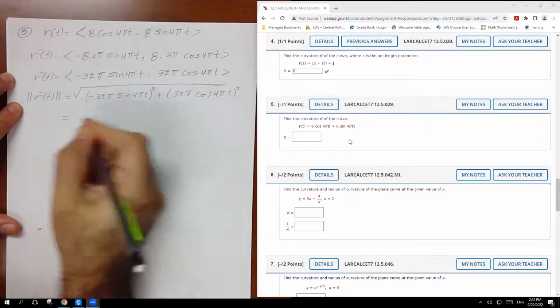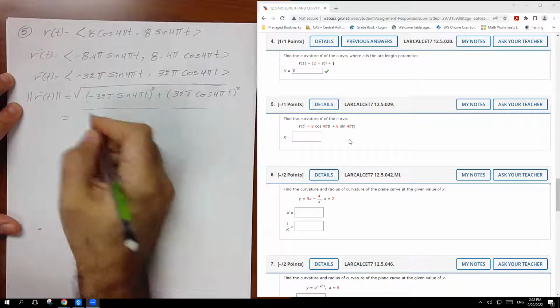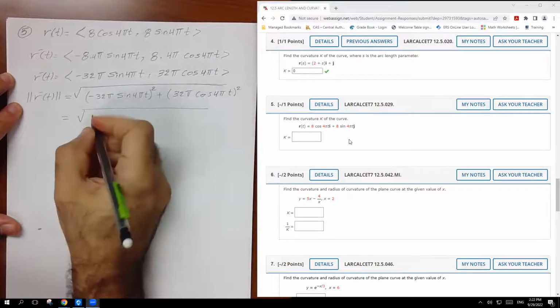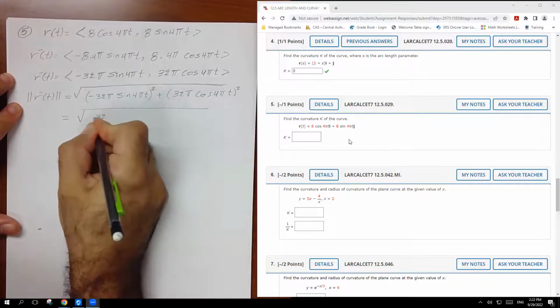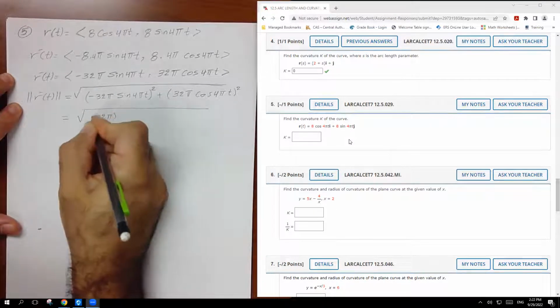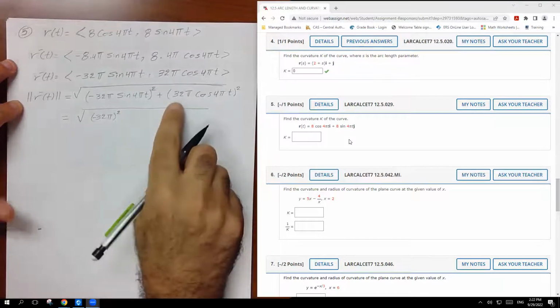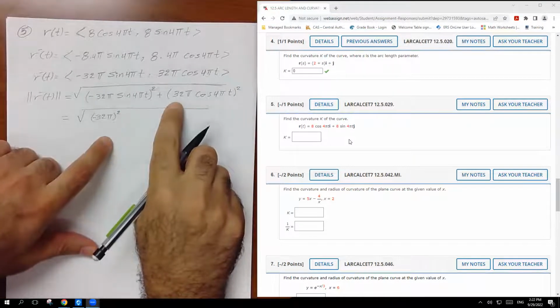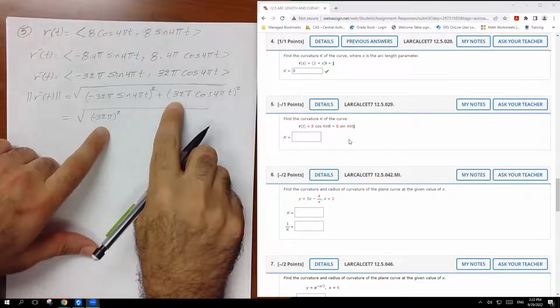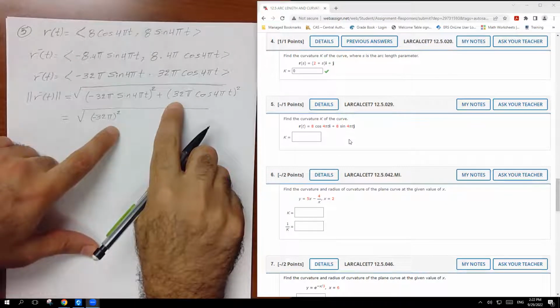And this is equal to the square root of 32 pi squared and 32 pi squared from this one.